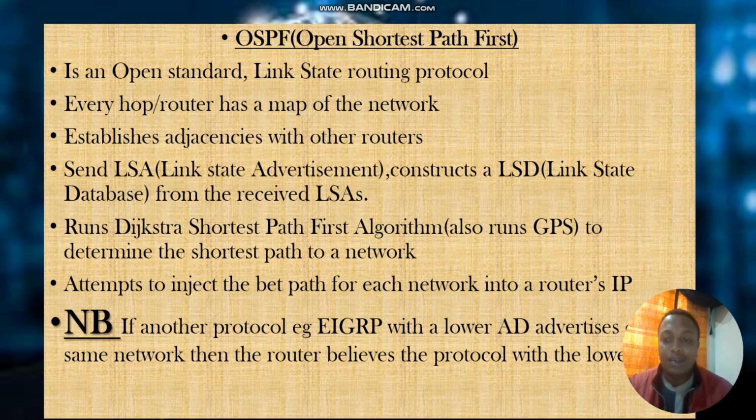But when you are traveling, or when you have network traffic on a specific route, there may be a failure in one route, so you have to redirect to the next open shortest path first. So the Dijkstra algorithm helps to run OSPF, and it attempts to inject the best path for each network into a router's IP.